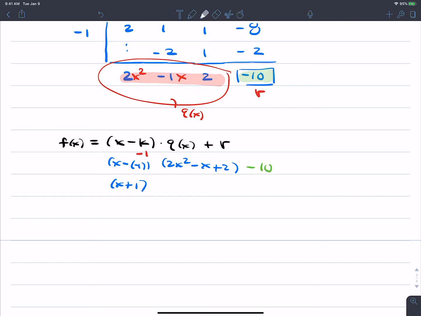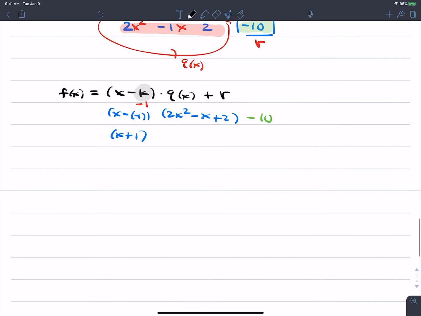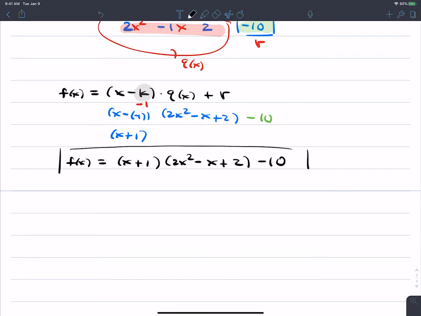So it's important for us to remember this k value over here. It's negative 1. So altogether, as we write our answer, that function equals x plus 1, because k is negative 1, times 2x squared minus x plus 2, minus 10. This is how they want us to write our answer.